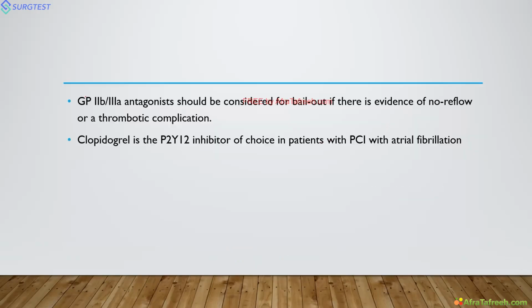Okay. Another, you have heard about GP2B3A inhibitors: abciximab, tirofiban, eptifibatide. These are not used nowadays, but you can use them. There is a specific indication where you can consider them as a bailout.